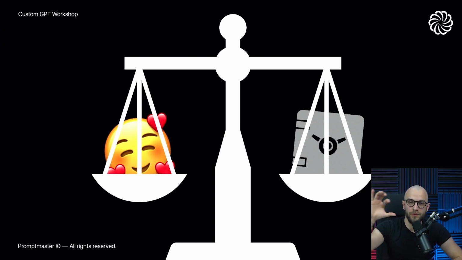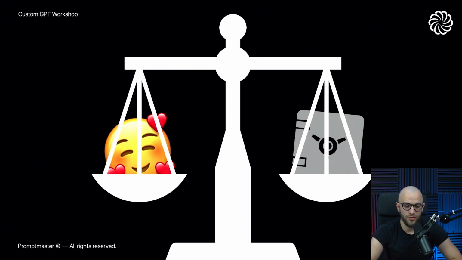If you have a really long prompt to protect the instructions, it's eating up your tokens and reducing the efficiency of the GPT. So there is this dilemma you need to think about: do I want the GPT to function well, or do I want it to be safe and keep the instructions?